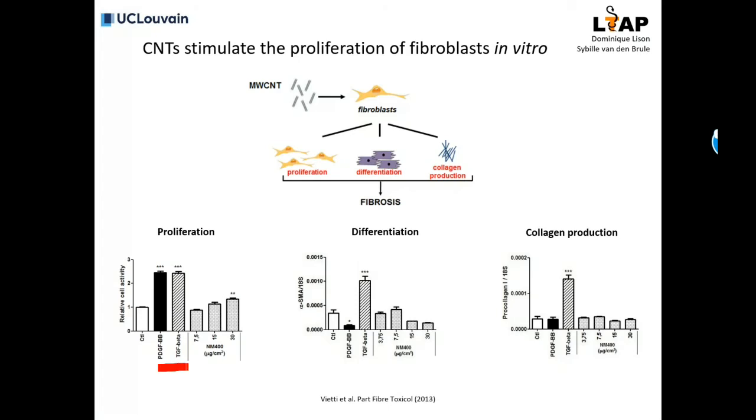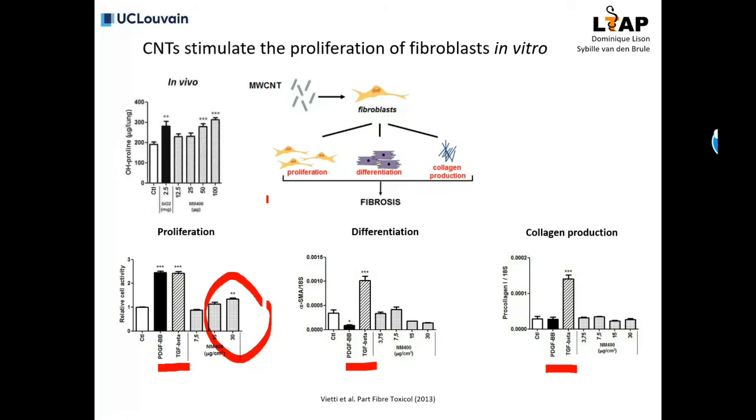You see here positive controls. They induced all the three markers which I just mentioned: increased proliferation, differentiation, and collagen production. However, if they exposed it to carbon nanotubes, they only have seen a significant increase for the proliferation. And this is also correlated to the same nanomaterials which they used in an in vivo assay.